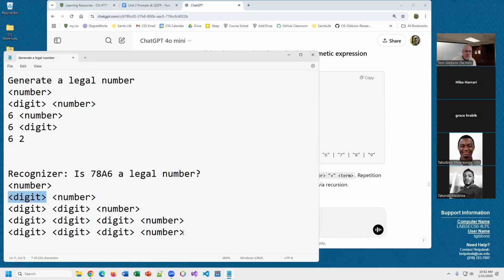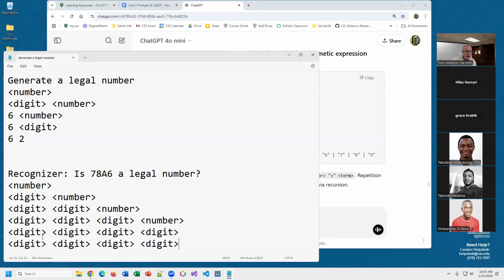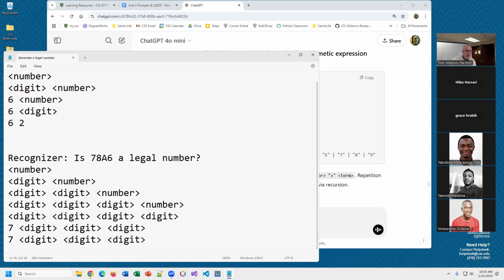So we can certainly create a 4-digit number that way. Then we can start doing our next substitutions. We can replace this digit with a 7, and this digit we can replace with an 8.